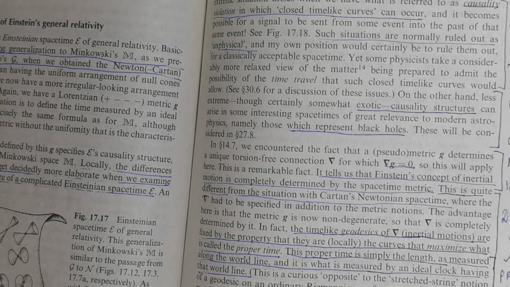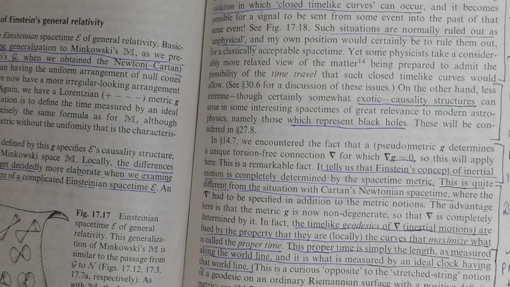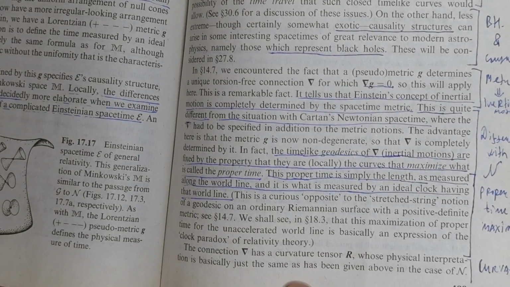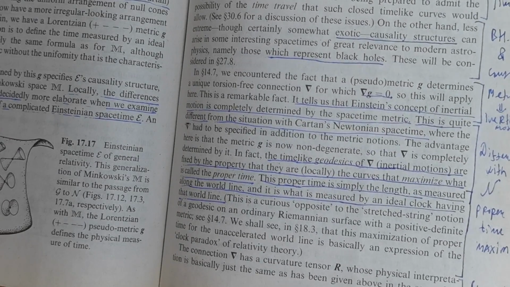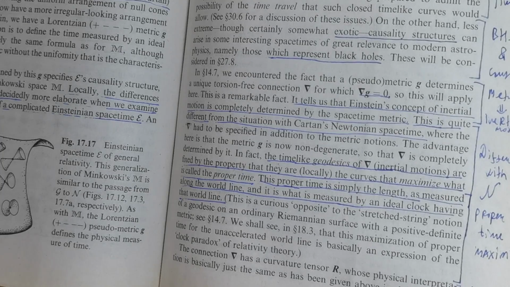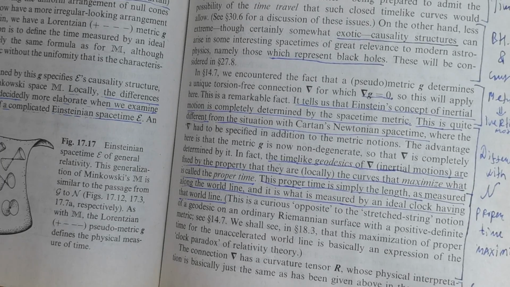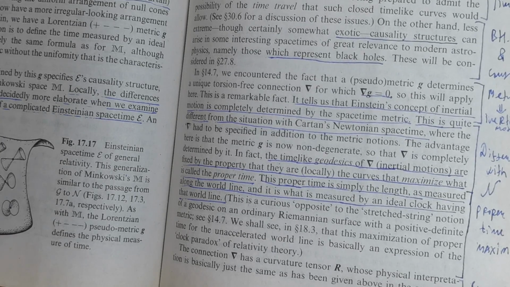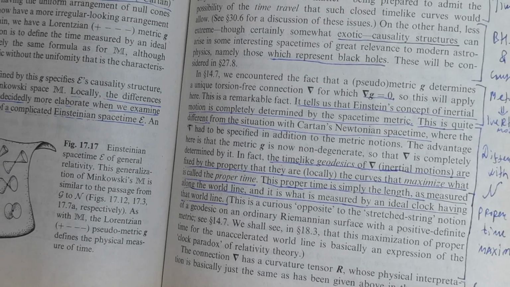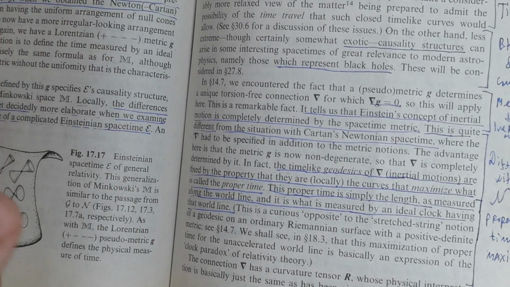Okay, and the connection has a curvature tensor whose physical interpretation is basically the same as in the case of N, like in the examples with the astronaut Albert, or the Ricci curvature when you have concentric spheres.